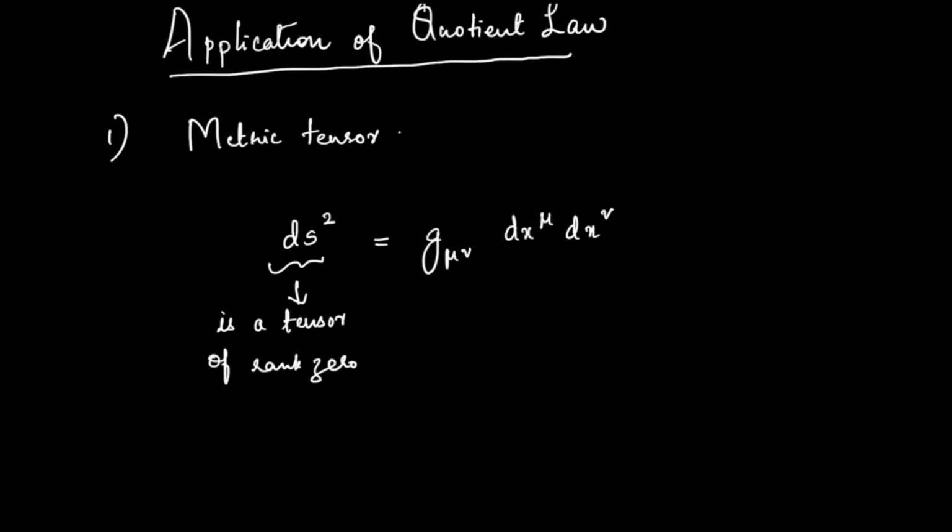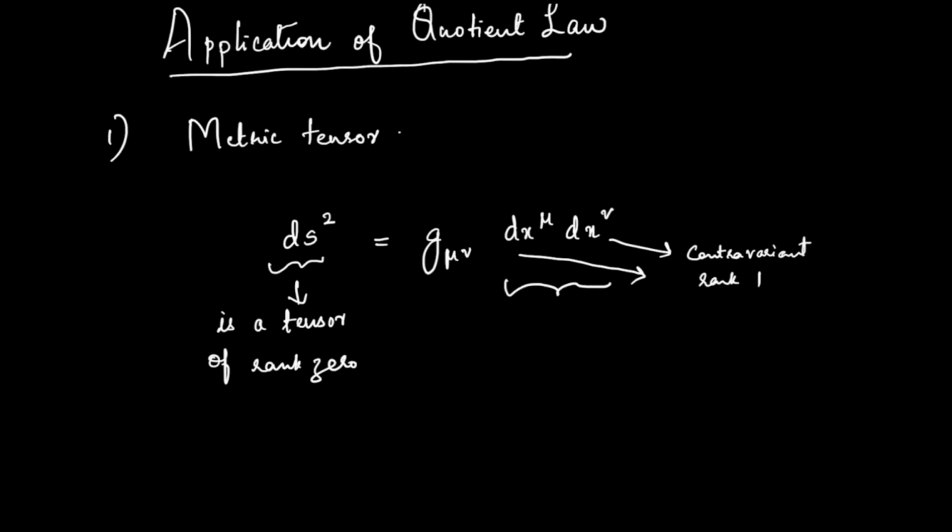And dx nu is a contravariant tensor of rank 1, right? And dx mu is also a contravariant tensor of rank 1.